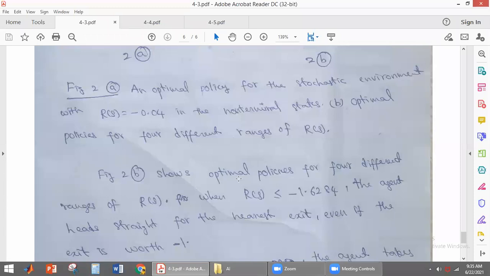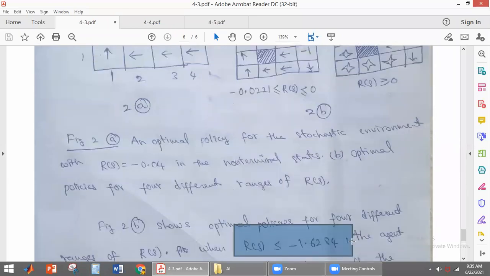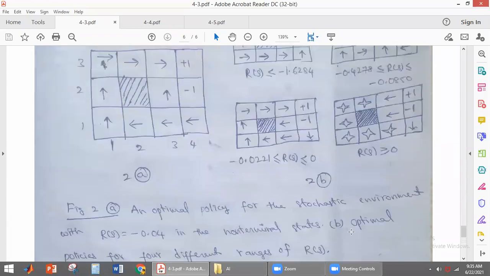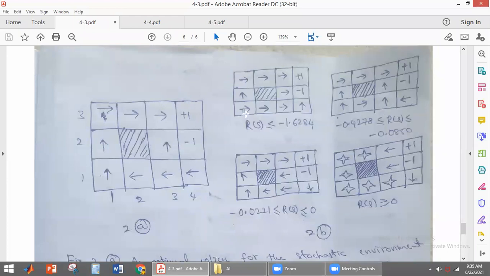Okay. If the reward value is less than or equal to -1.6284, in that case, the agent will always be taking the shortest path to reach any one of its terminal states. It can reach the +1 state or the -1 state.